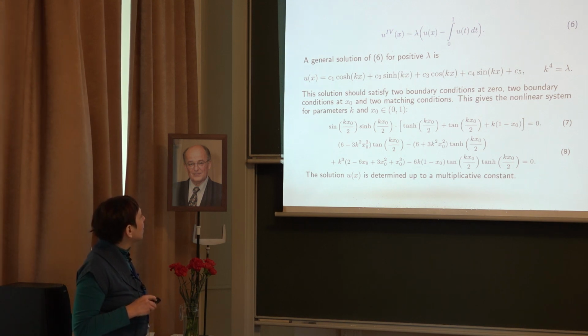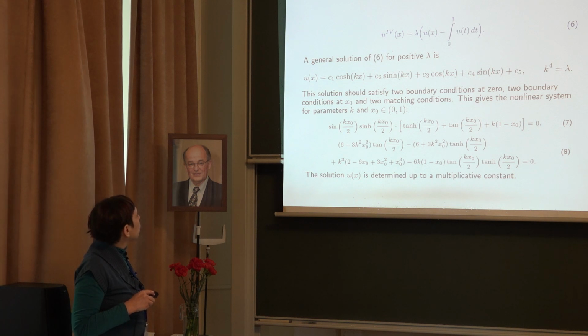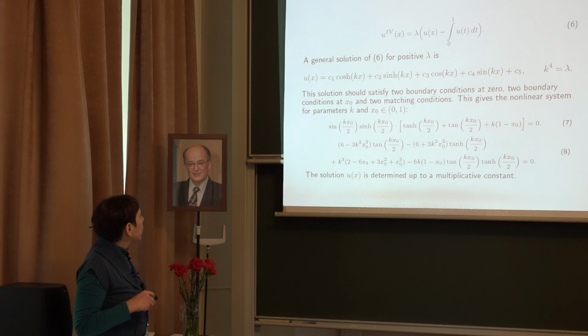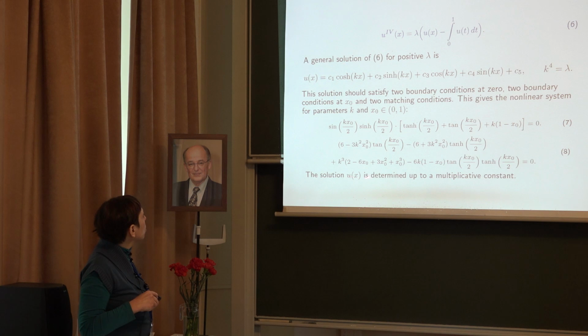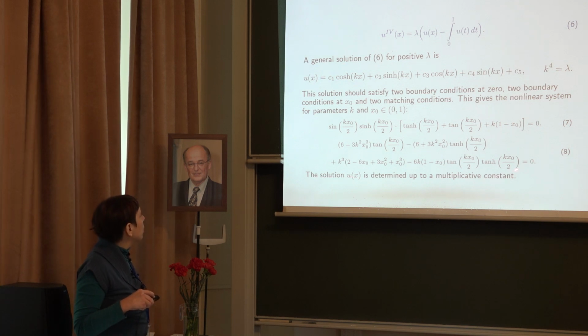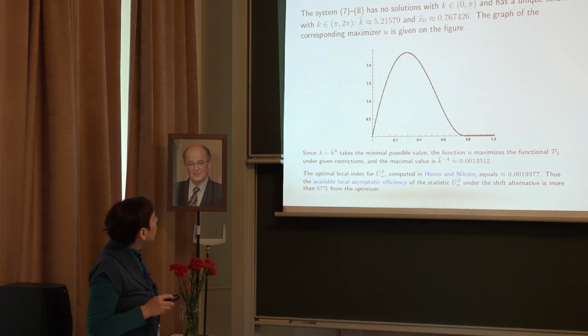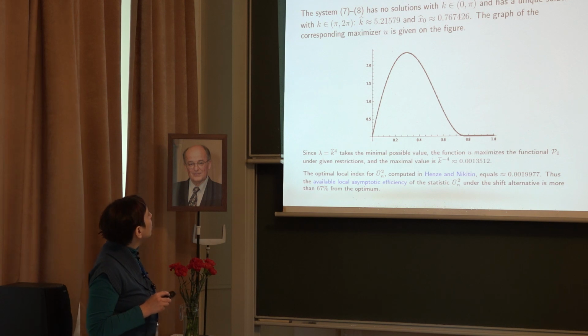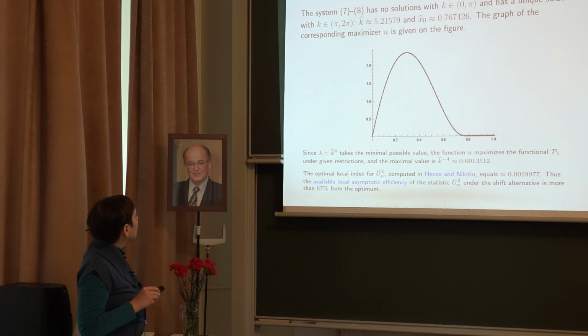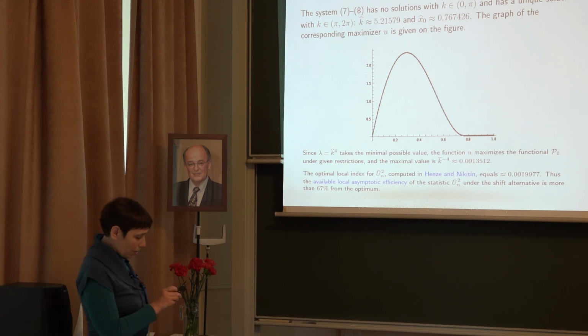We get such a system of equations with the solution. Now the solution is determined up to a multiplicative constant. And we finally can see that the graph of the corresponding maximizing function u is given by this figure.